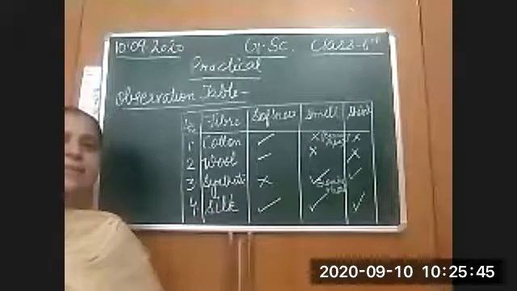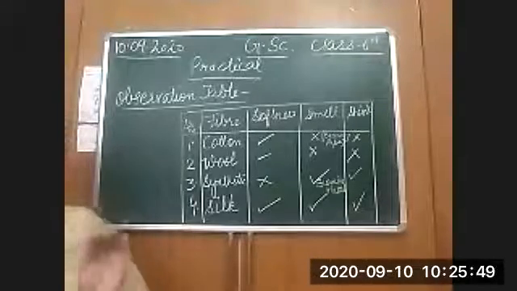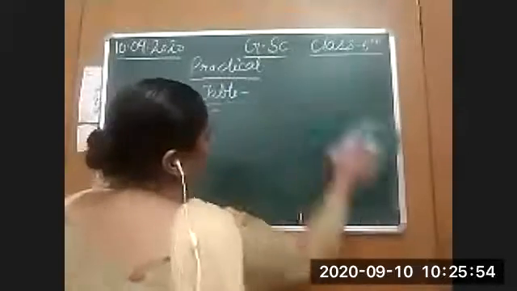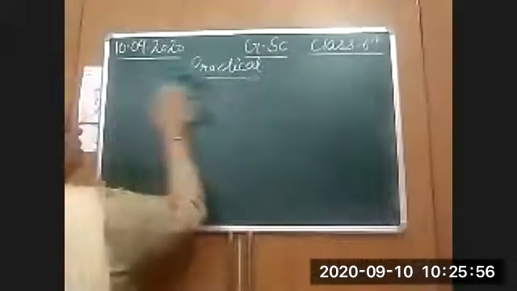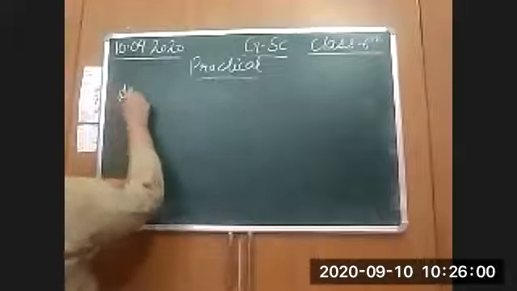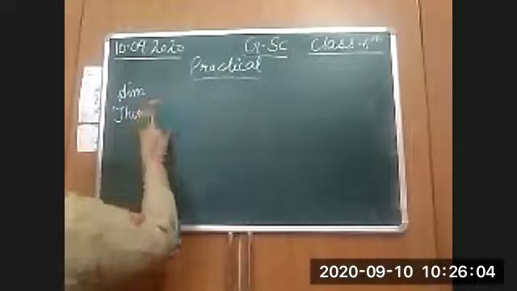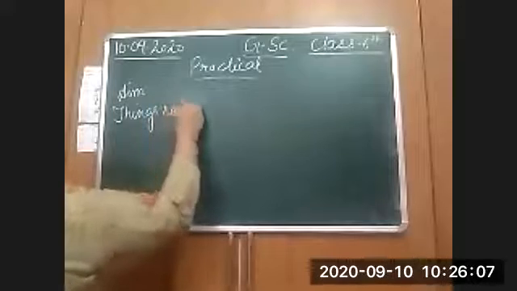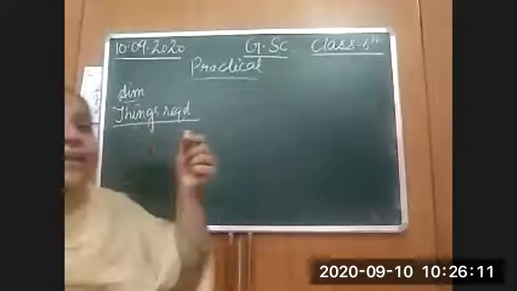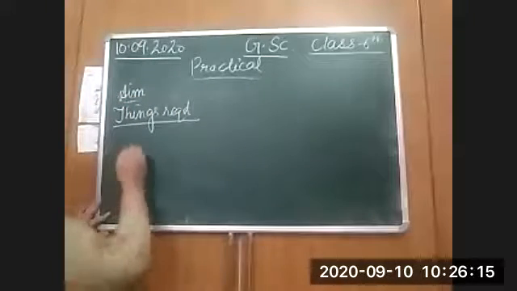Right? Is that clear? After that, on plain page, what you have to do? On plain page, at the top, you are writing aim, then things required, then after that, you have to take one thread from the fabric and paste the thread.